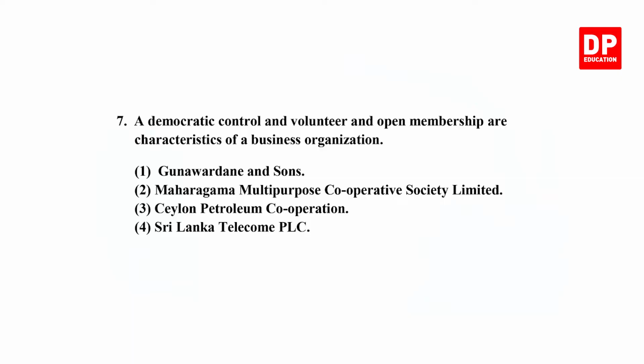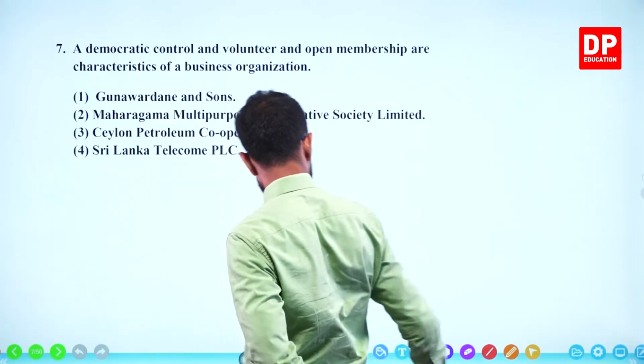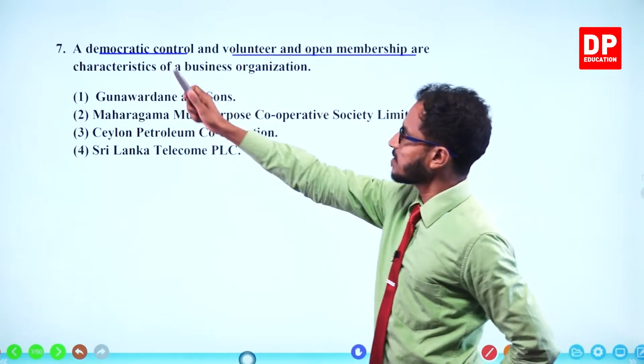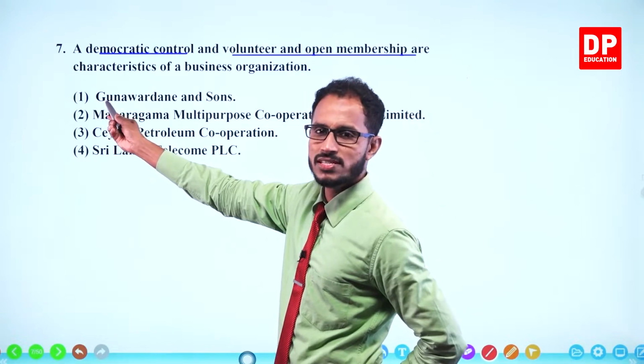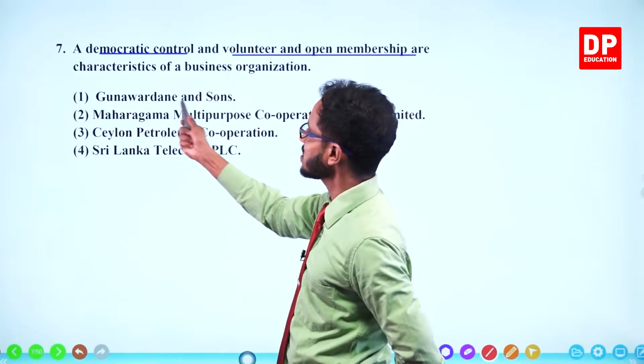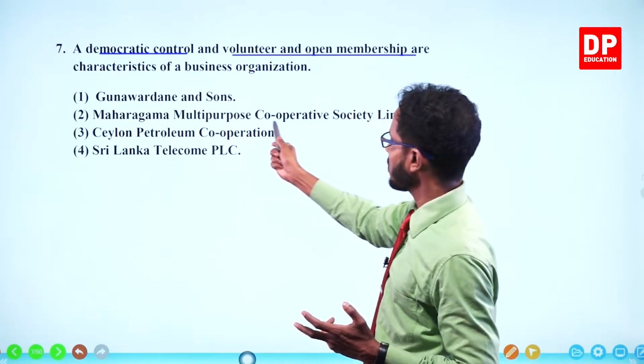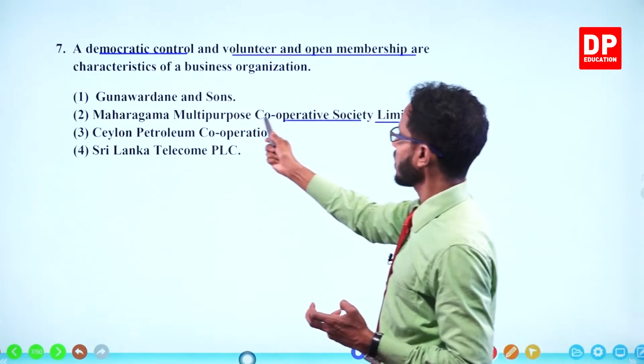Let's go. 7th question. Democratic control and volunteer and open membership are characteristics of a cooperative society. So Gunawardena and Sons is not a cooperative society. Okay, Maharagama multi-purpose cooperative society, there you go.